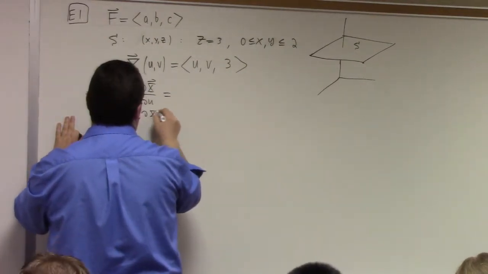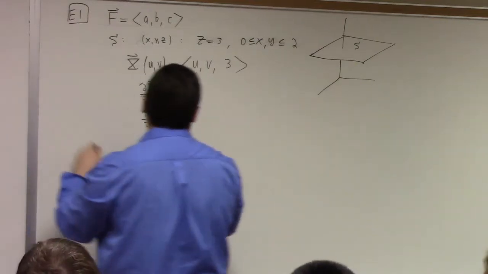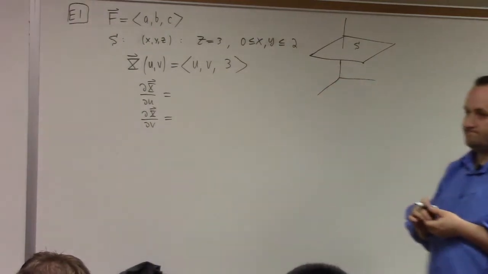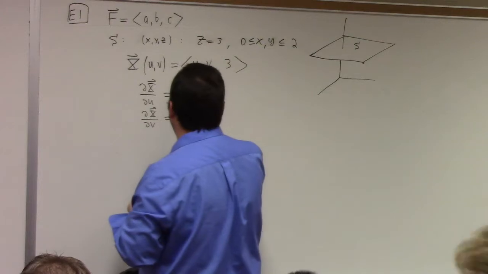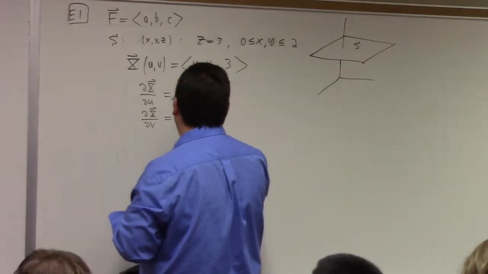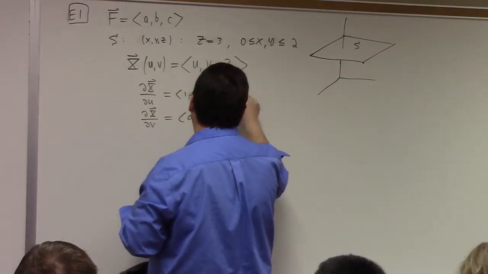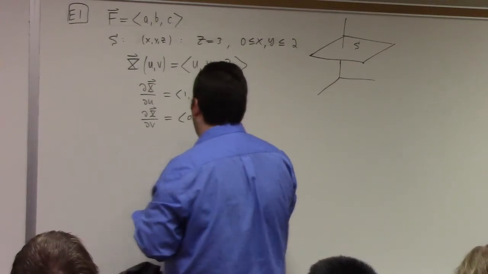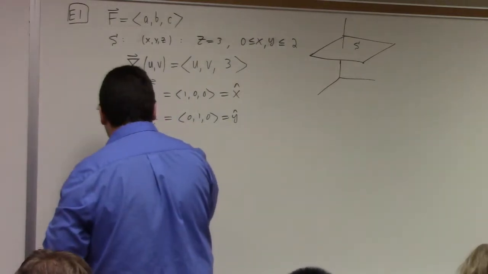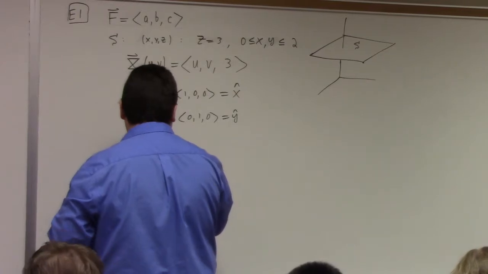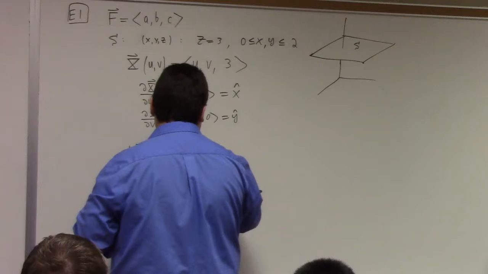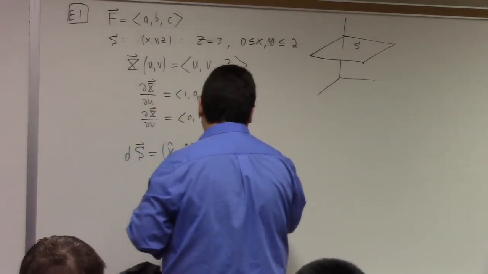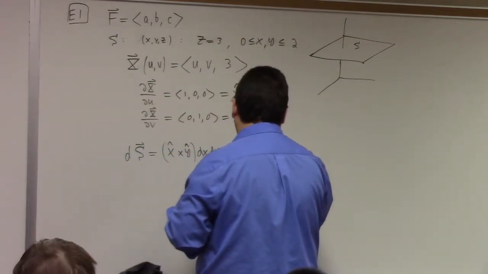What's partial x partial v? x hat and y hat, right? So what's my dS then? It's x hat cross y hat, dx dy. So in other words, it's z hat times dx dy.